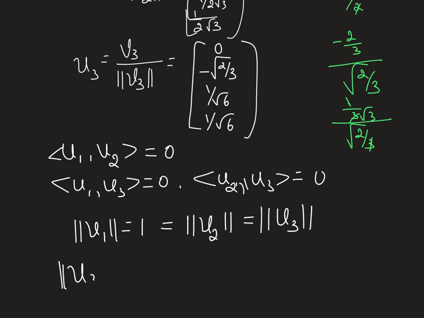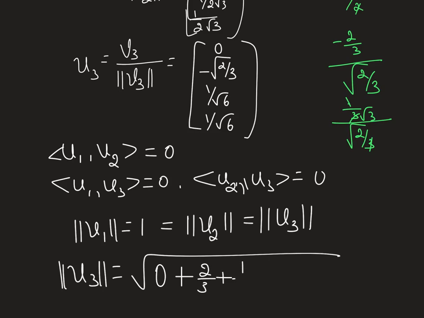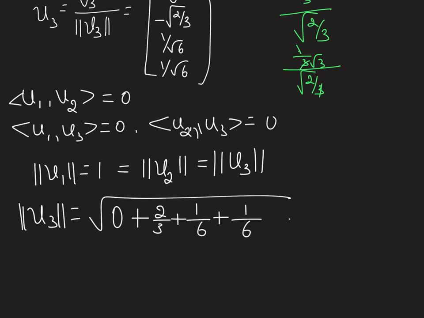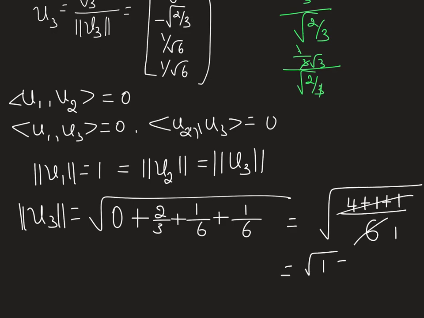The norm of u3 is the square root of 0 plus 2 by 3 plus 1 by 6 plus 1 by 6. If you take the LCM, it is 6 under the root, so we get 4 plus 1 plus 1 over 6. These cancel, so we get root 1, which is 1.